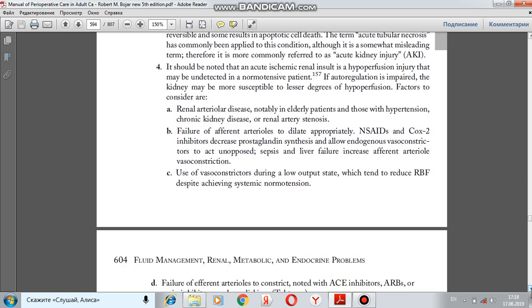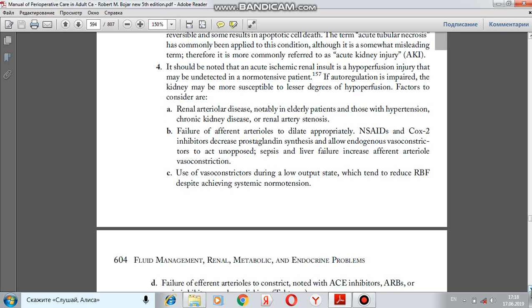4. It should be noted that an acute ischemic renal insult is a hypoperfusion injury that may be undetected in a normotensive patient. If autoregulation is impaired, the kidney may be more susceptible to lesser degrees of hypoperfusion. Factors to consider are renal arteriolar disease, notably in elderly patients and those with hypertension, chronic kidney disease, or renal artery stenosis.